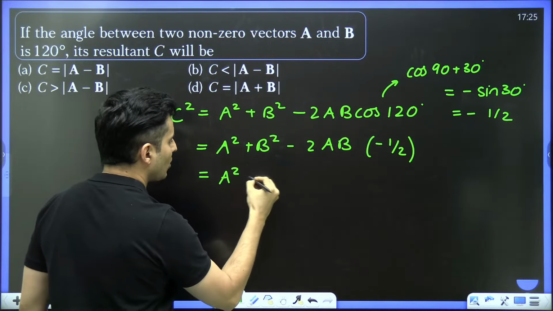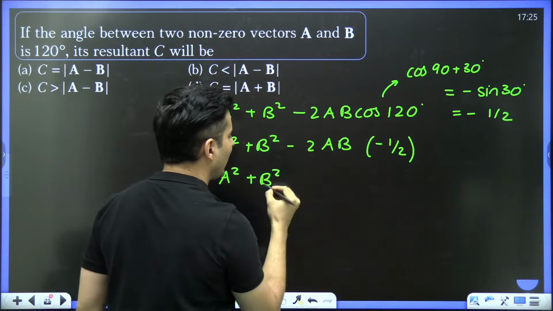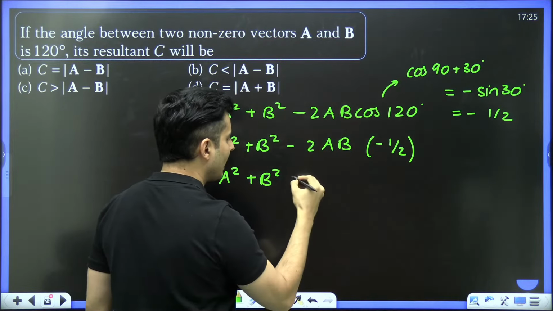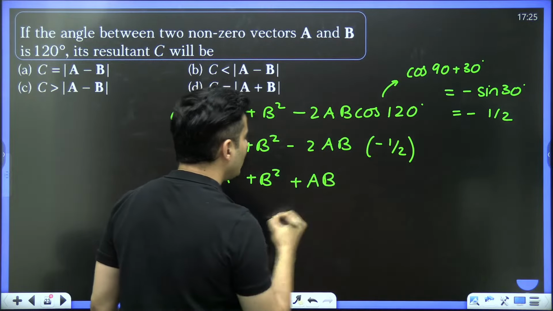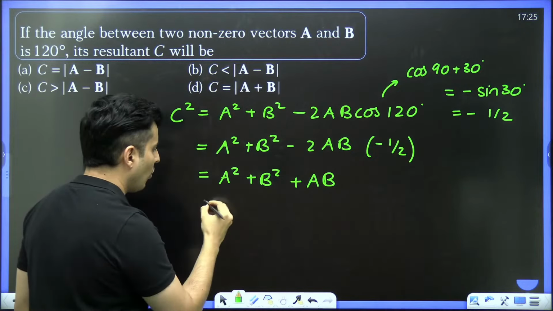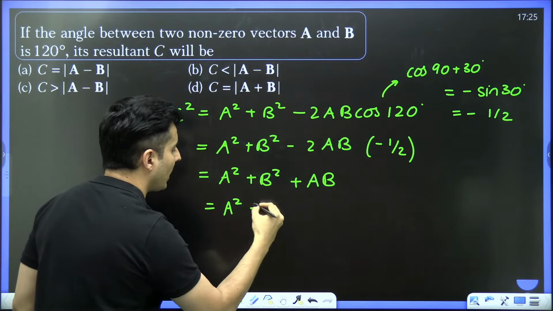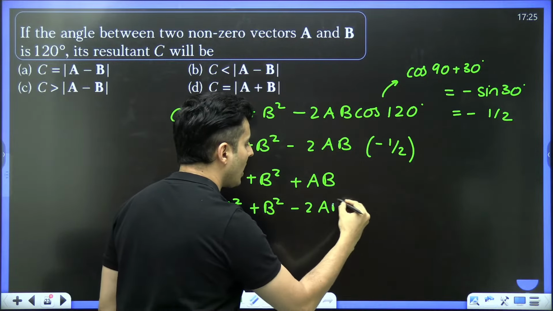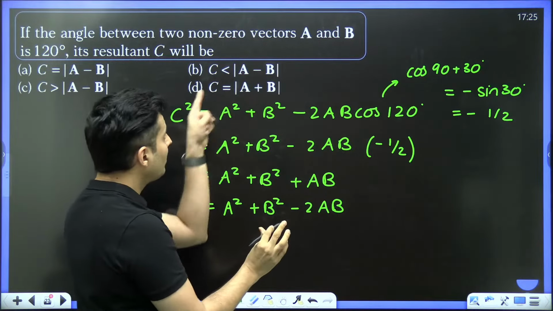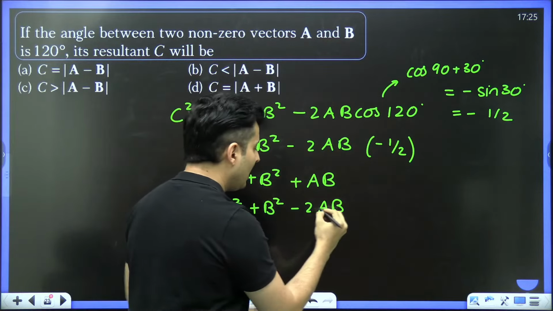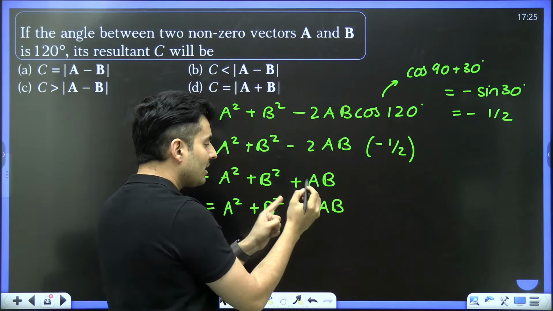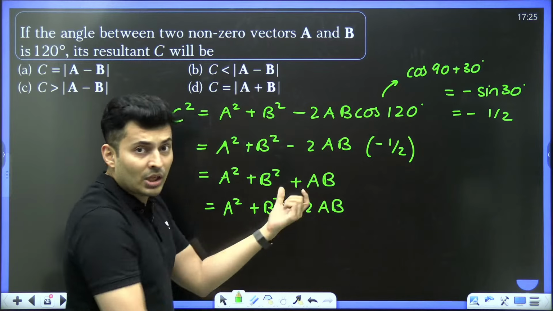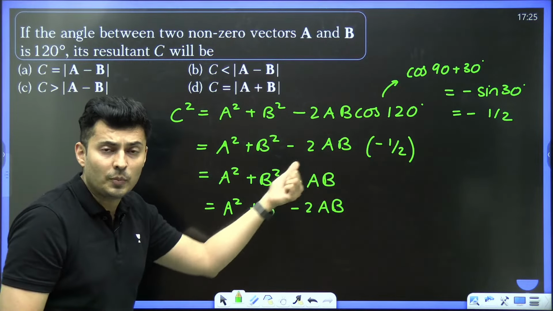So this will become a square plus b square, minus minus will become plus. 2 will cancel, plus ab. Even with this, I will do a square plus b square, and now I will put minus 2ab over here deliberately because I want a minus b, and I should preserve the equality.